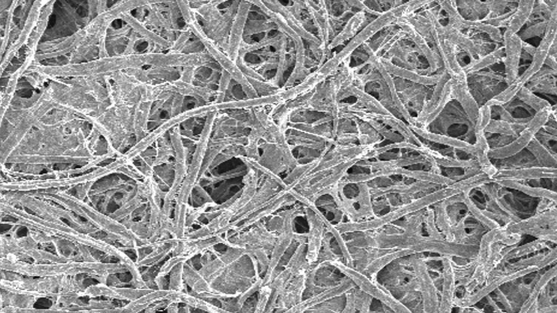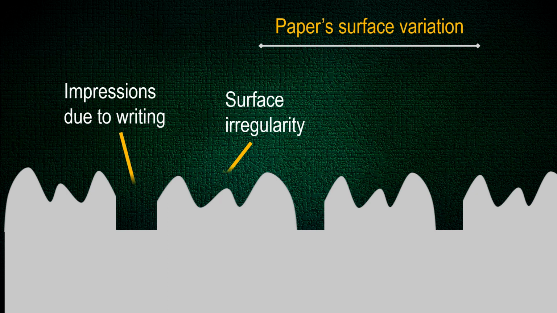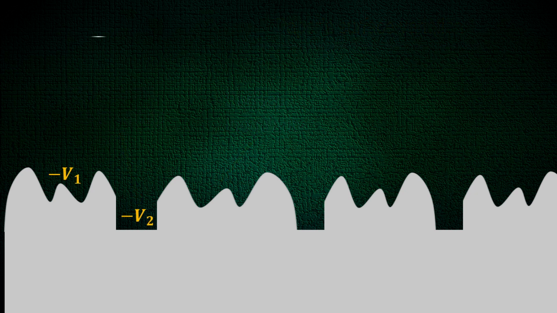So if you imagine a bit, the actual cross section will look like this. And we cannot see a sharp difference in the areas where there are impressions and the areas where they are not present. That's why it has been observed that we get a small difference in potential of the two areas when the paper is dry.